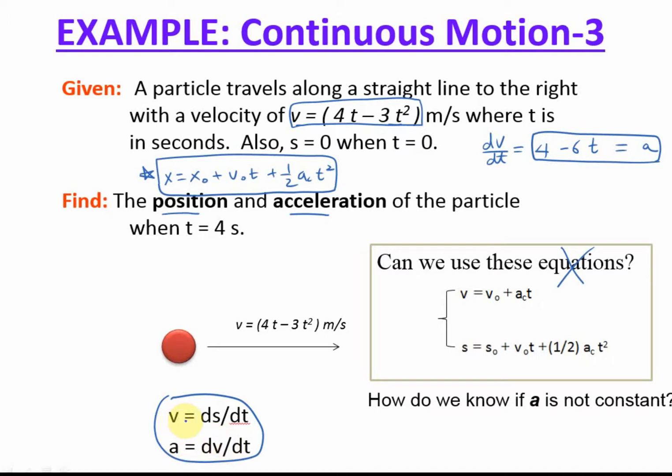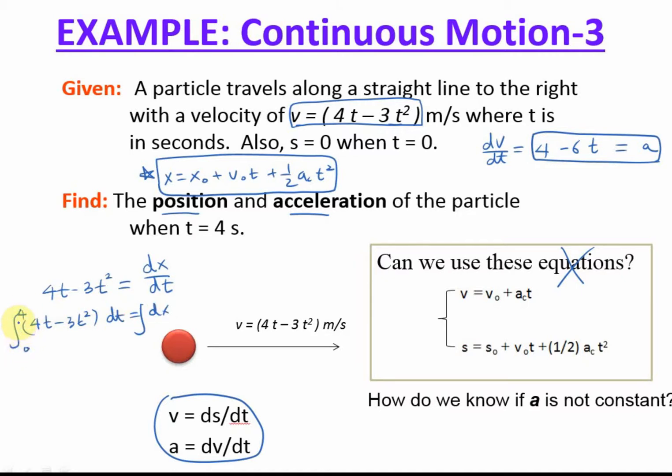Our velocity was given, so that's 4t minus 3t squared. That is your velocity, which is equal to dx over dt. Then you can just integrate this one from 0 to 4 seconds.